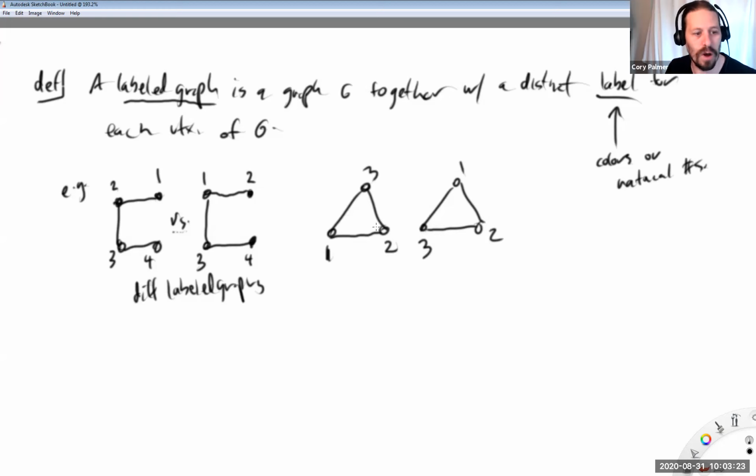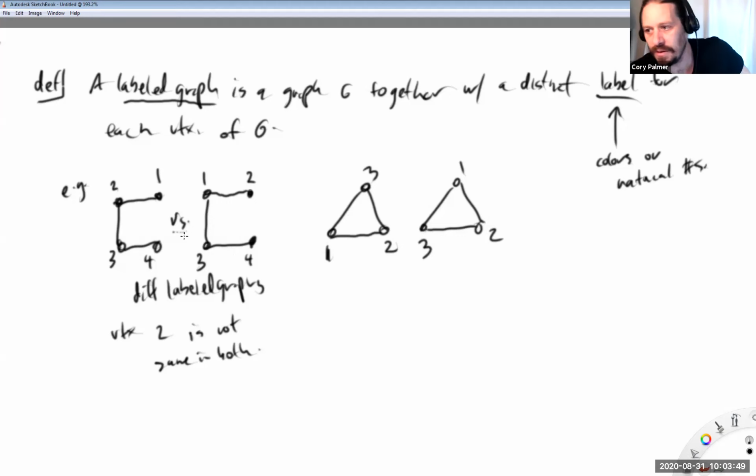One way to check if two labeled graphs are isomorphic would be to list all their neighborhoods for each vertex, and they should be identical across the two graphs. In this case, they're not. So vertex 2 is not the same in both. That's why this is not the same graph here.